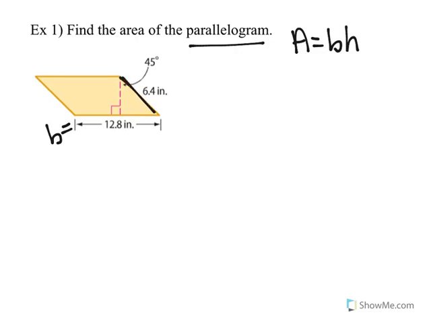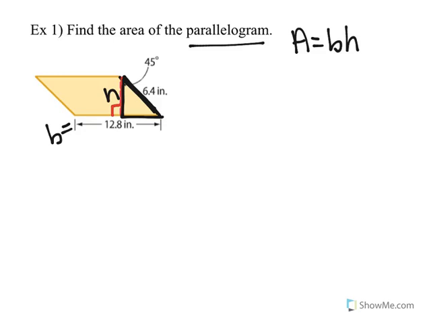We have this length over here, but that is not the height. Remember, height is always like altitude. So the piece that I just outlined in red with the right angle is our height. That is what we need to find. So we're actually going to use this triangle here to help us solve for our height. I'm going to call it H.